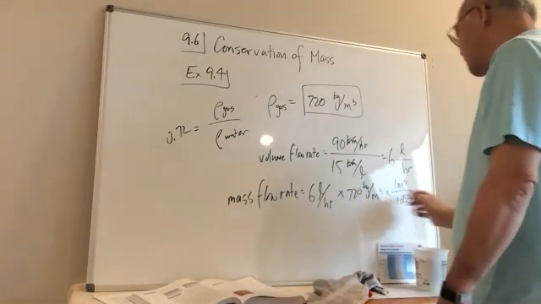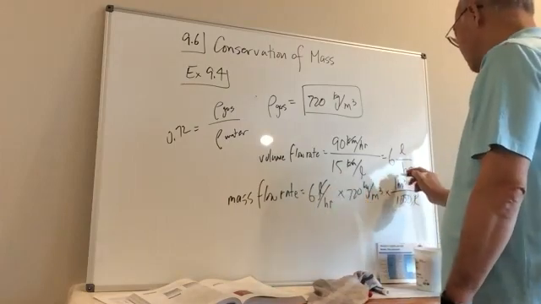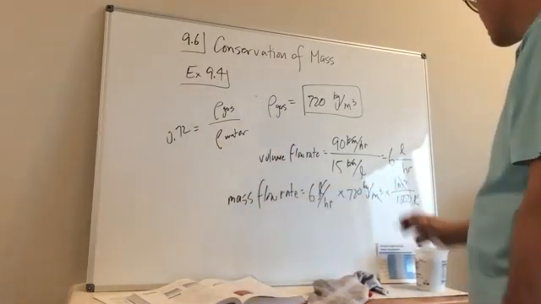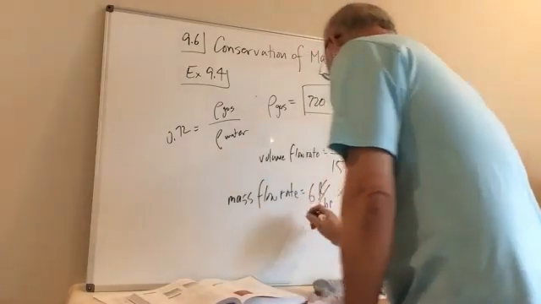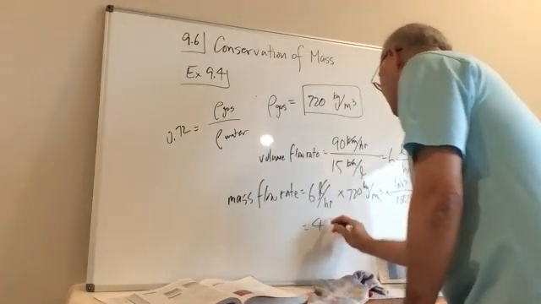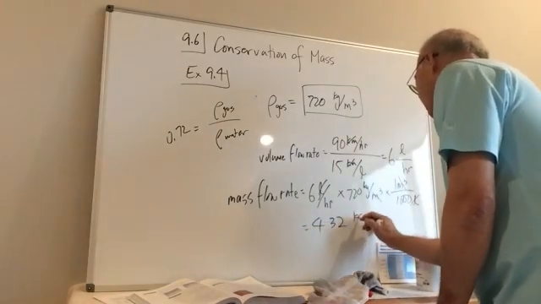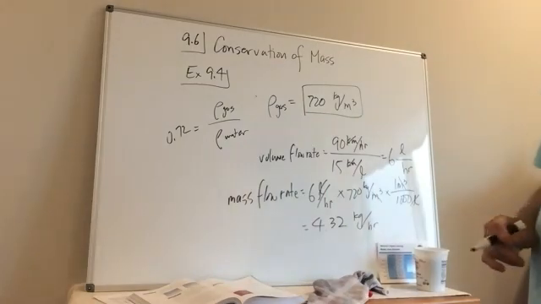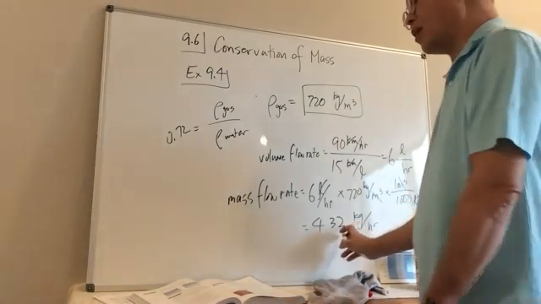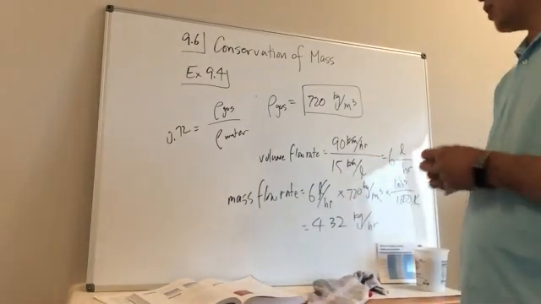So the liters cancel out. Meter cubed cancels. I'm going to start with kilogram per hour, and I'm going to end up with kilogram per hour. And if I do all this, the book says I should get 4.32 kilograms per hour. Okay, so this is how much one car is going to consume.